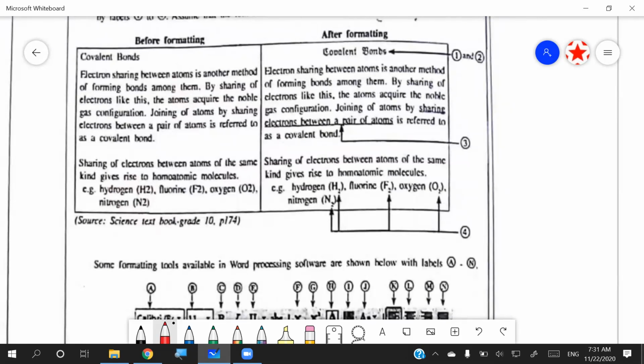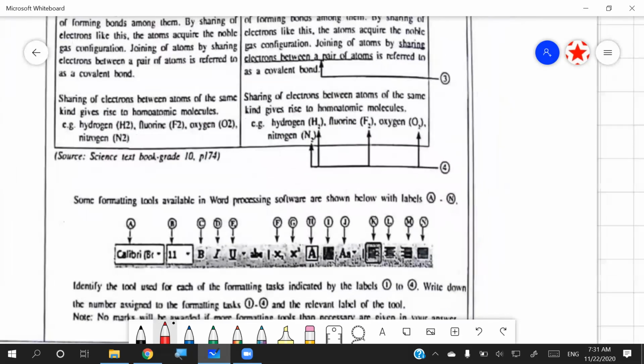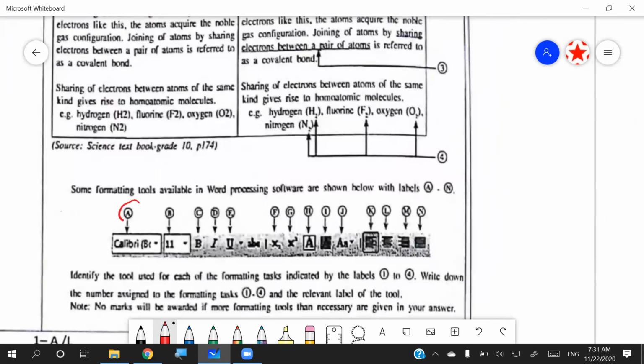So the font has been changed, and it has been center aligned. So you can go with A and L, right? So if you take one as A, two will be L, or if you take one as L, two will be A. And the third one is underlining, which is this. And the fourth one is the subscript, right?